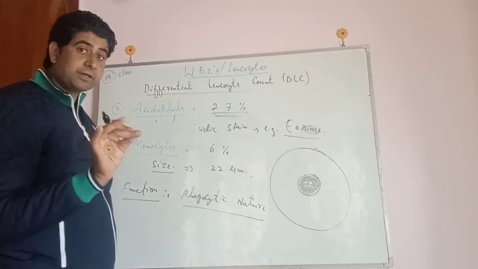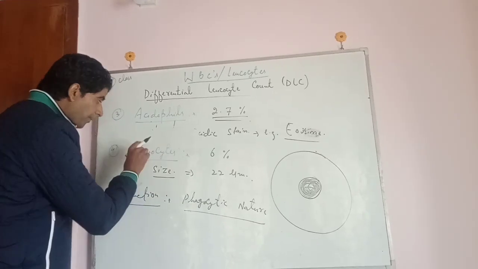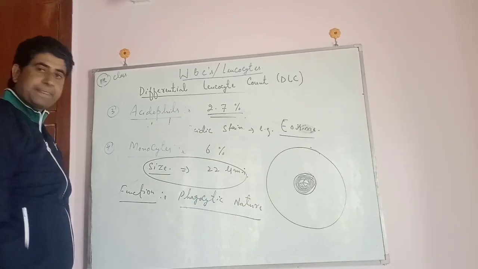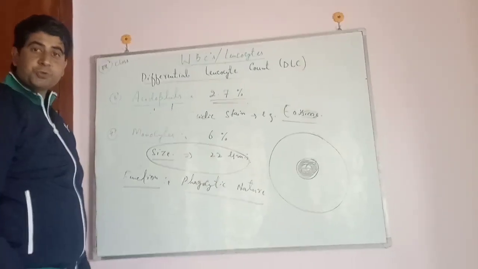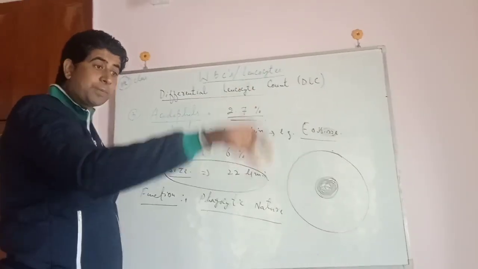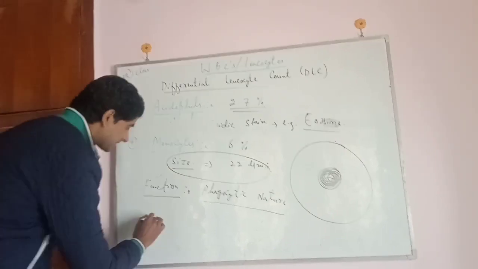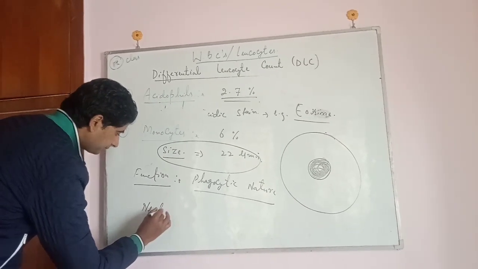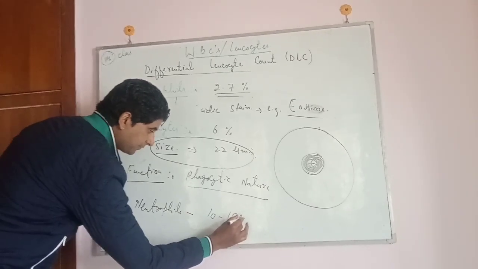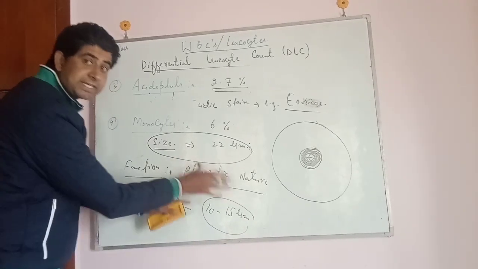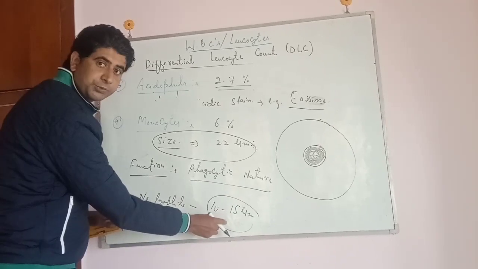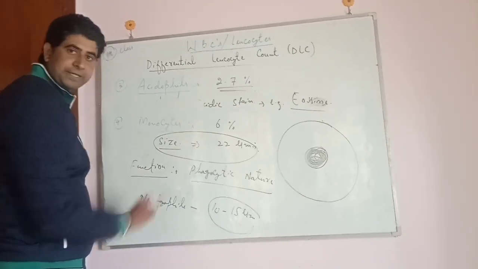In addition to that, जो monocytes हैं इनका साइज बड़ा होता है, that means their size is 22 micrometer, while the size of the neutrophils, जो हमने अभी डिस्कस किया, वो होता है 10 to 15 micrometer. Function इनकी same है, phagocytic in nature, but they differ in their size. न्यूट्रोफिल्स छोटे होते हैं, मोनोसाइट्स बड़े होते हैं.